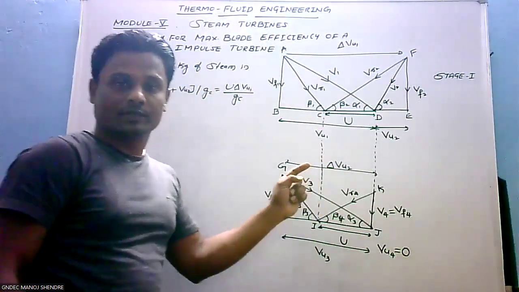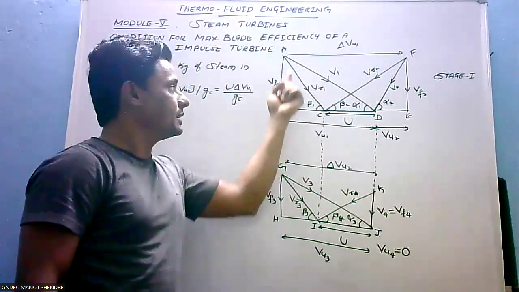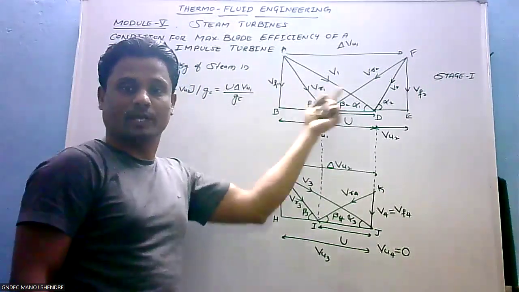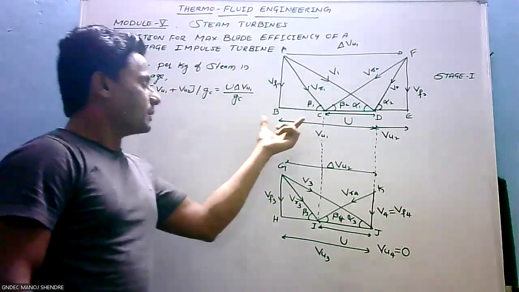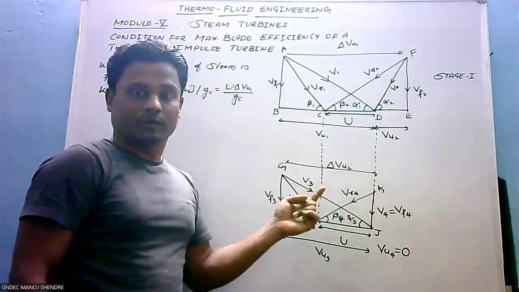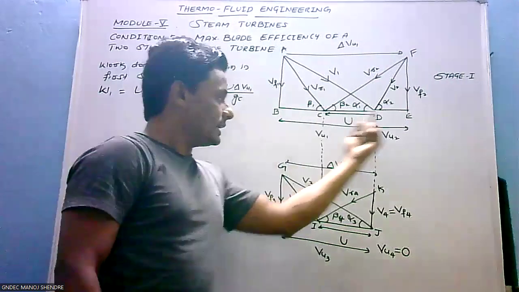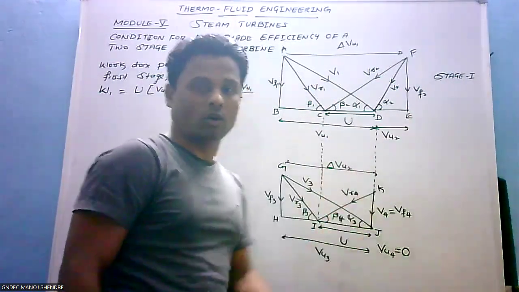Cos beta 1 is BC divided by VR1. BC divided by hypotenuse. Base divided by hypotenuse, right? Or the BC can be written as VR1 cos beta 1, right? Similarly, CE can be written as VR2 cos beta 2.